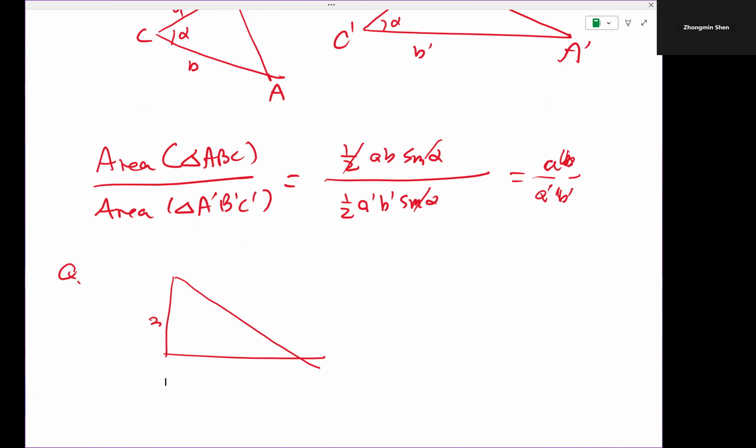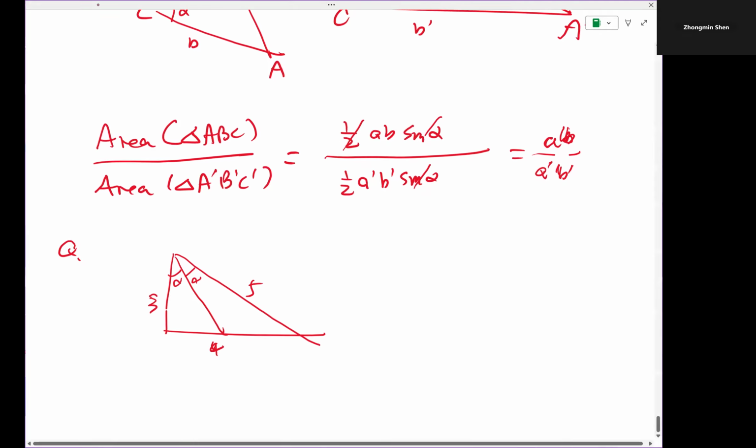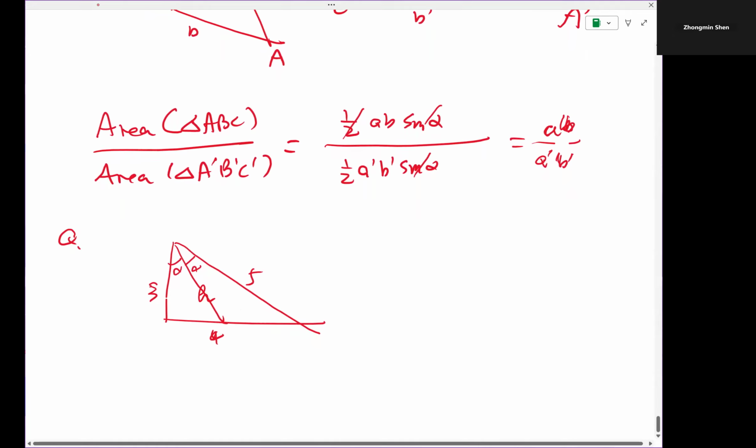Okay, for a geometric problem, let's see, like this: 3, 4, 5, if this angle is bisected, find this h, right? You know how to do this problem? Because this problem can be solved using the comparison of the areas.